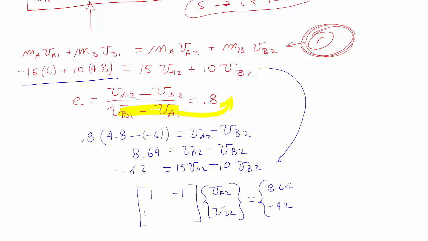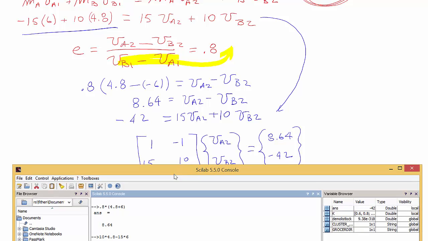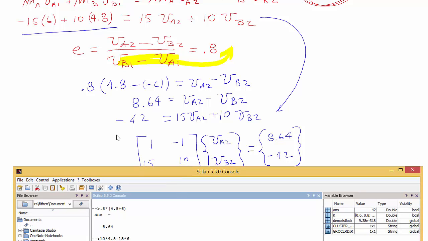Then I need to put 15 and 10. Okay, so if you're looking at that, I should be able to knock that out relatively quickly in Scilab. So let's do that real quick here, so that I have them up on the screen.